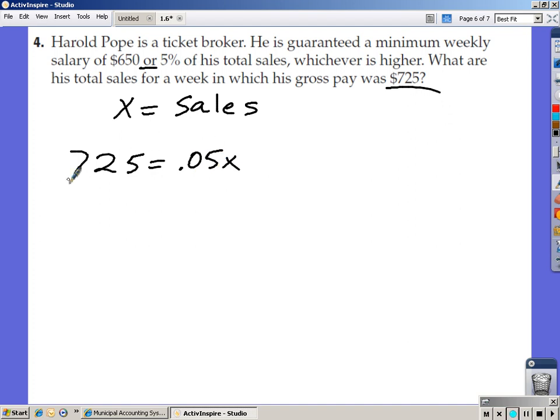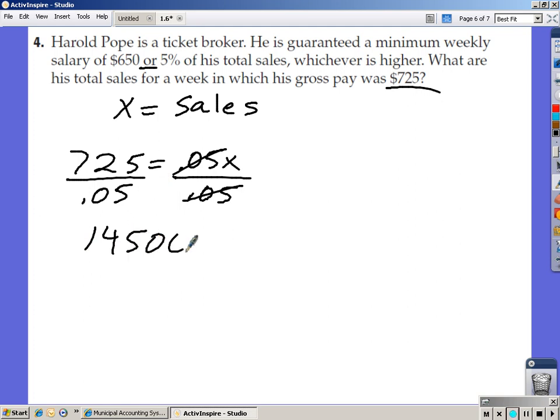That's all we do. Divide both sides by 0.05. That cancels. 725 divided by 0.05 is $14,500 in sales. Okay? Pretty easy right there.